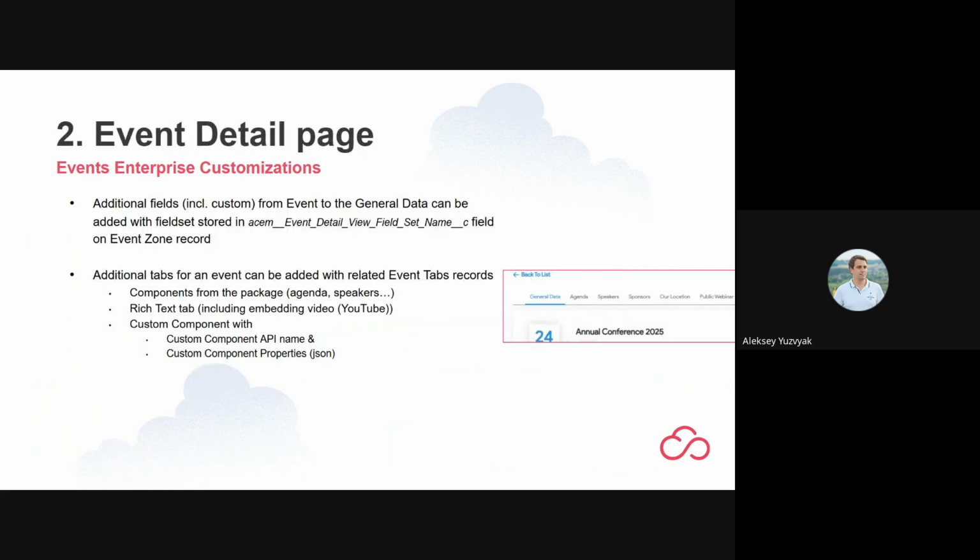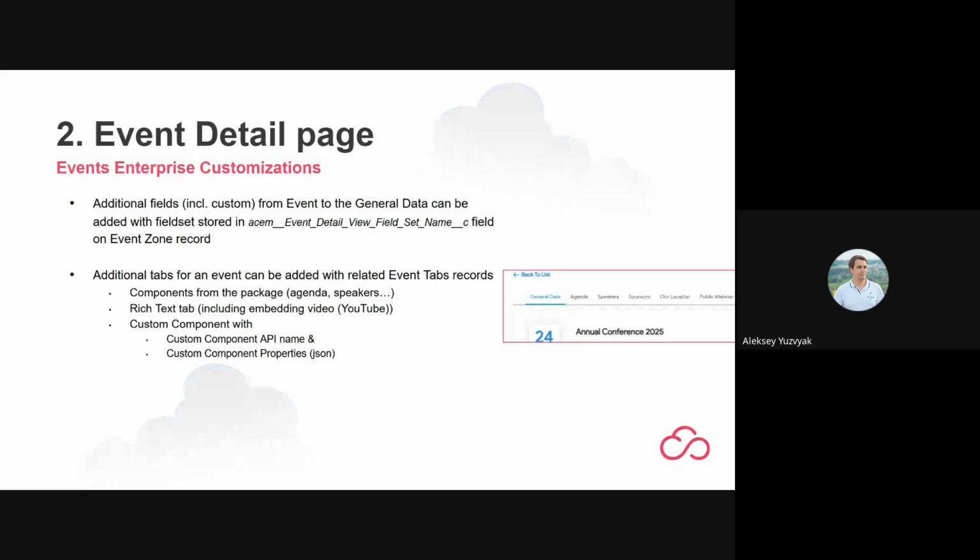Event detail page: what can be adjusted? Again, it's the most common request, so I will cover it. First, additional fields can be visible in the event general data, on this tab.